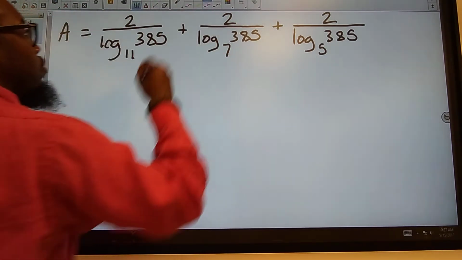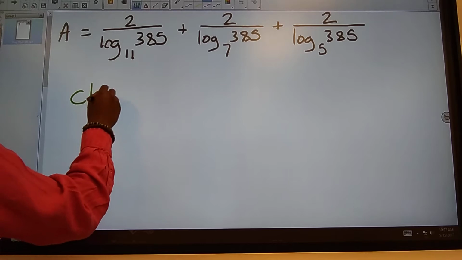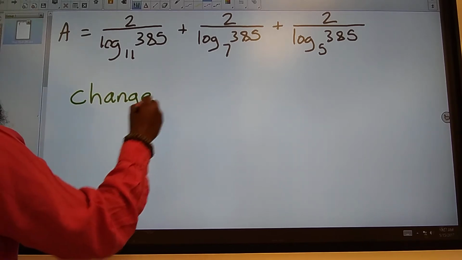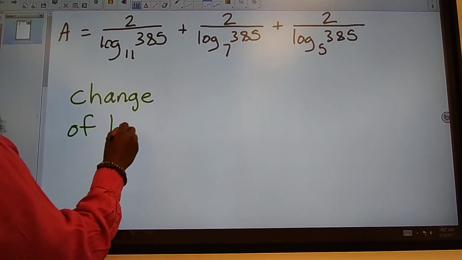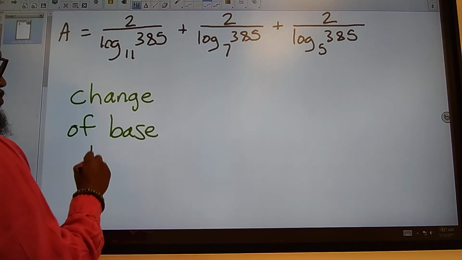One of them is what is called the change of base law.